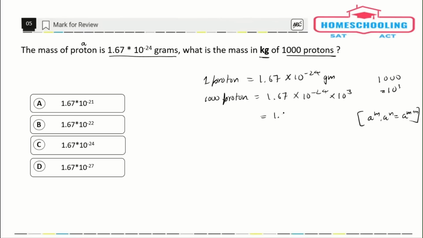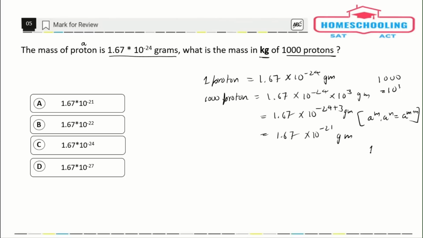So from here we can say that it is 1.67 into 10 to the power minus 24 plus 3 grams. This is going to be 1.67 into 10 to the power minus 21 grams.